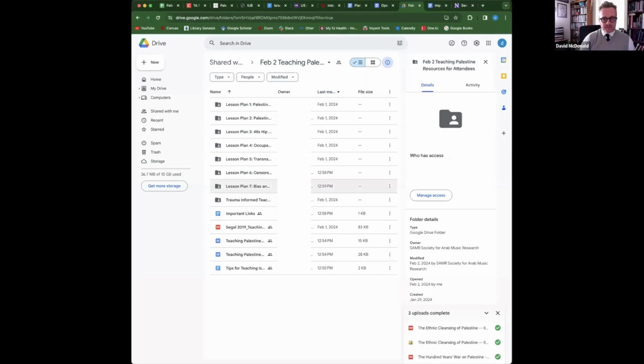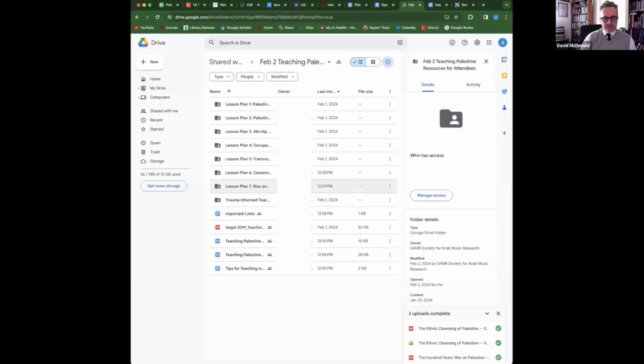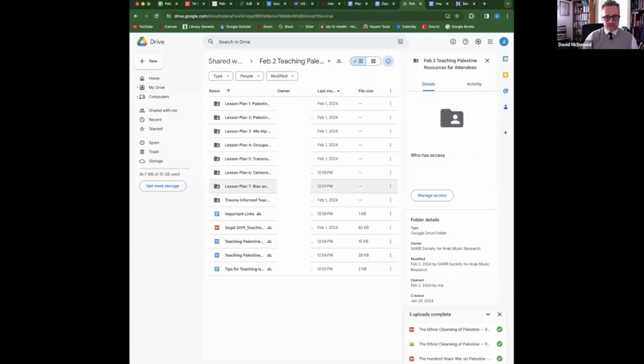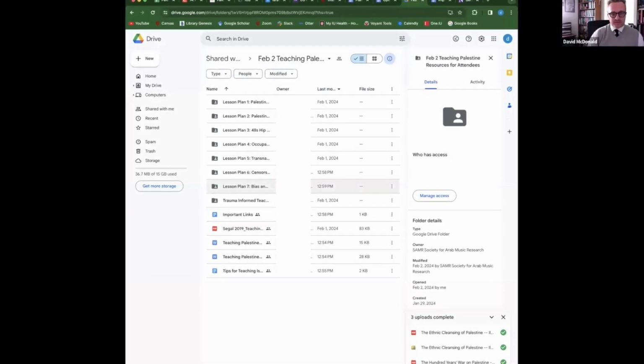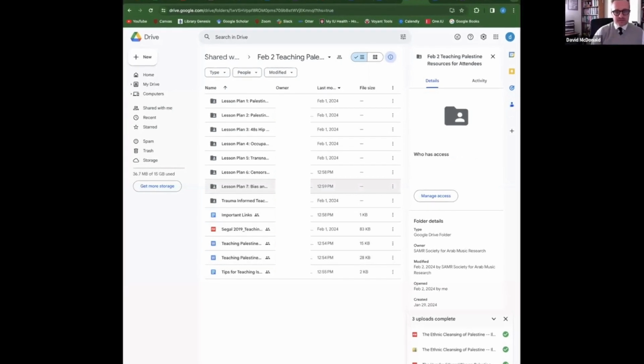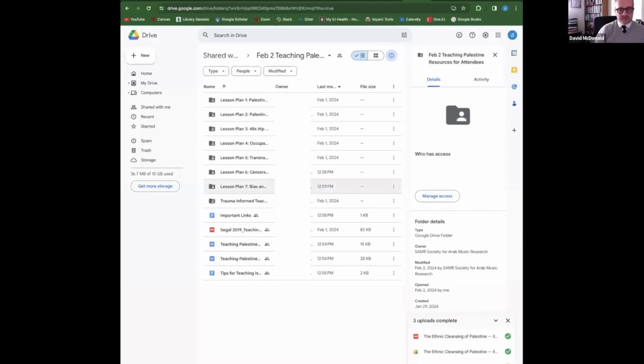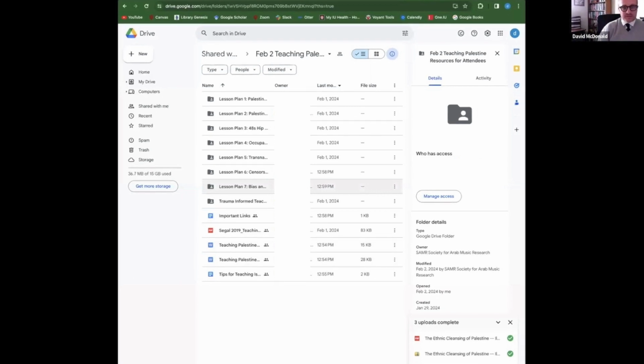If you allow me to share my screen real quick. This is the folder that you'll notice available to everyone. I have submitted four different lesson plans for use. You're welcome to adopt them, revise them, or ignore them, whatever you find most useful for your particular needs.